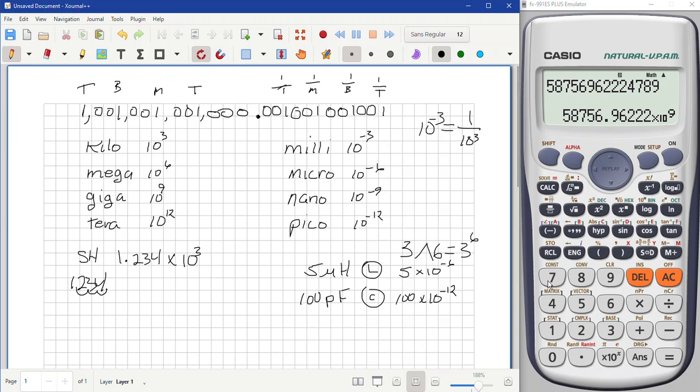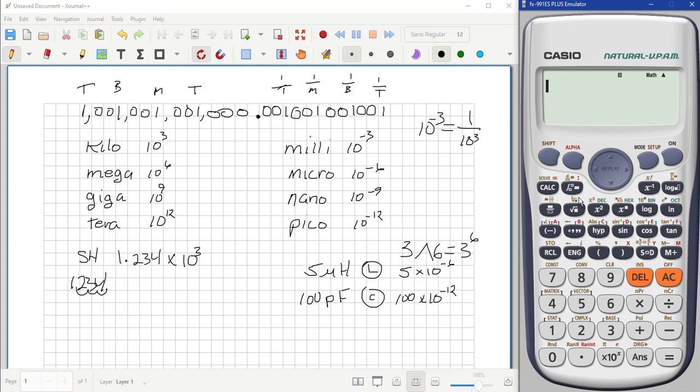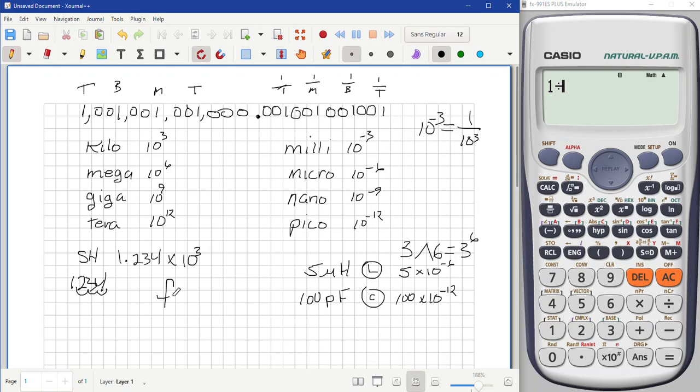So let's see how we would enter that in the calculator. I'm going to clear it just so we have a nice clean display up here. So let's do 1 divided by, and I'm going to work on this. Oh, I forgot to write the formula. The resonant frequency is equal to 1 over 2 pi times the square root of LC.